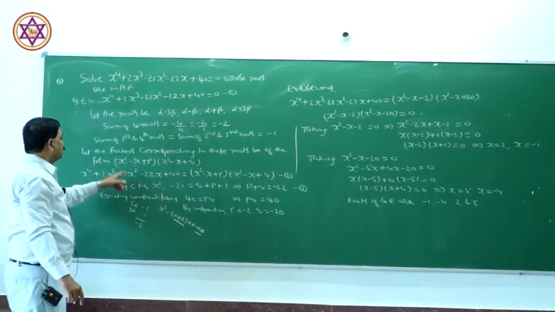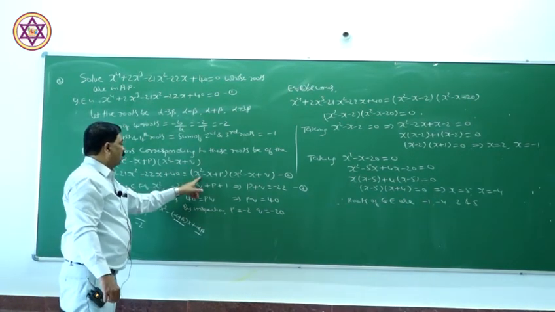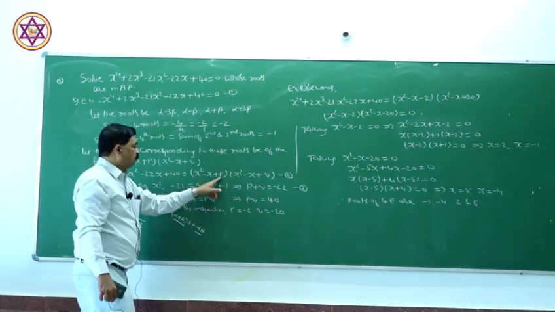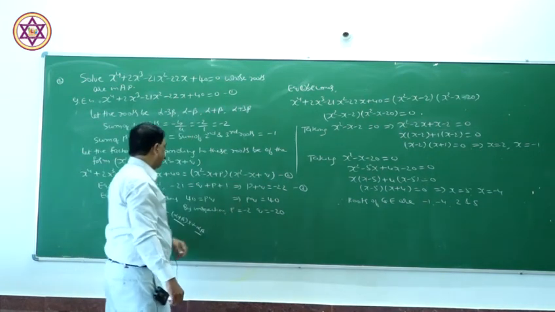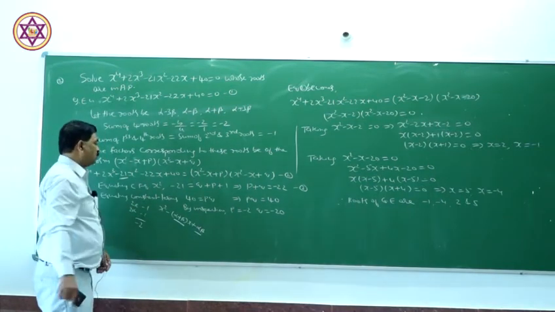Next, I am considering the given equation, which is equal to (x squared minus x plus p)(x squared minus x plus q). Equating the coefficient of x squared: the coefficient is minus 21.